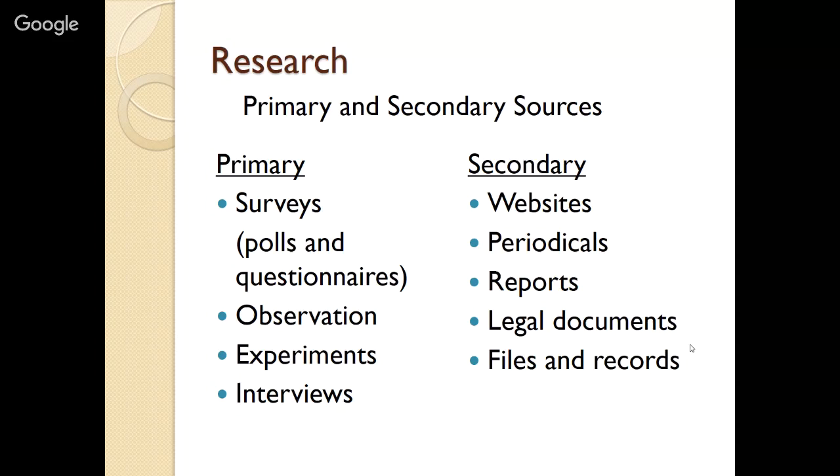Now, like I said, there are other types of primary sources. It depends on the type of research that you're doing. So if you're doing historical research, for example, primary sources would be stuff like court documents or birth records or personal journals or diaries or letters, that kind of stuff.